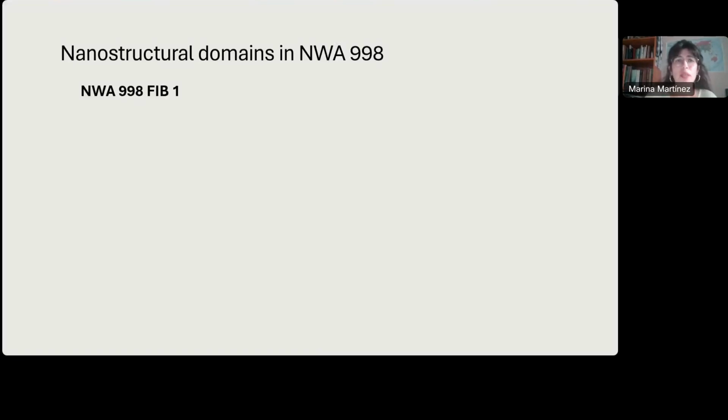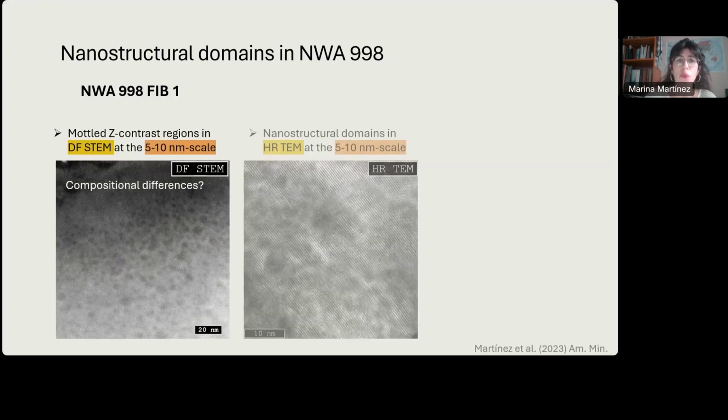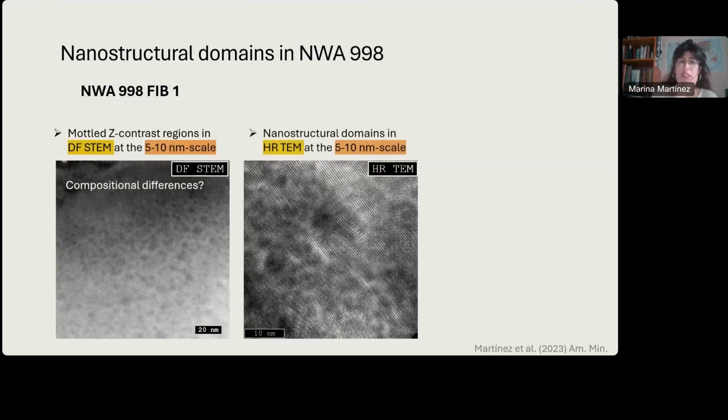So in the first FIB section, FIB1, we show that in dark field STEM images, which depict composition, we saw some mottled texture at the 5-10 nanometer scale, which could correspond to these nanostructural domains in high resolution TEM images at the same scale.